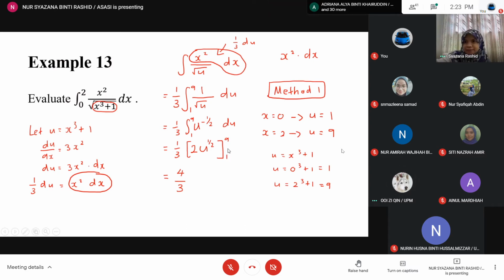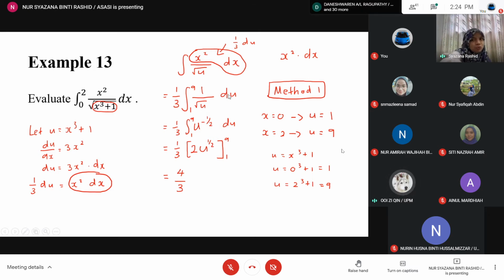So you don't have to put all the values. Sebab tu awal-awal tadi I just ignore the limit. Actually you can ignore. But before you substitute the value, make sure you write either you want to use U or X. For example here, you can start writing your value here actually. Kat atas tak tulis tak apa.